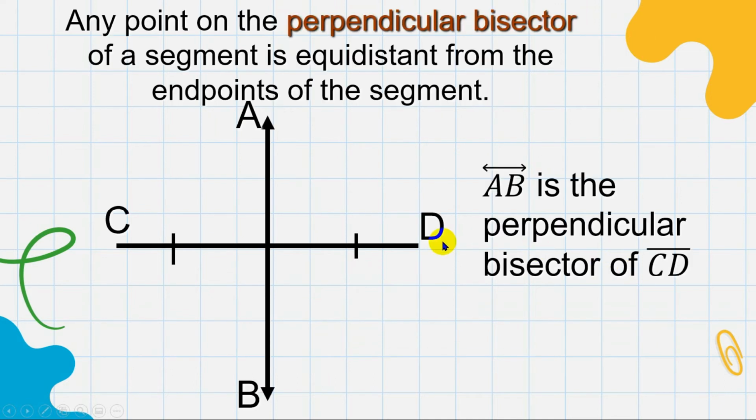Okay? Next. So, any point on the perpendicular bisector of a segment is equidistant from the endpoints of the segment. So, kahit saan man tayo maglagay ng point dito sa perpendicular bisector, sabi dito, line AB. Ayan, line AB is a perpendicular bisector of the line segment CD. So, kahit saan tayo maglagay ng point dito sa perpendicular bisector na to, iisa ang magiging distance niya dun sa endpoint.